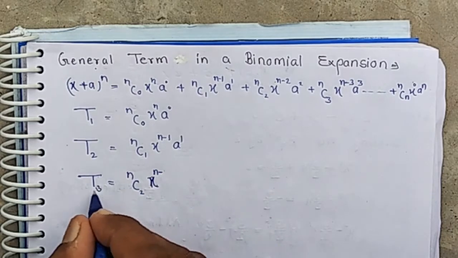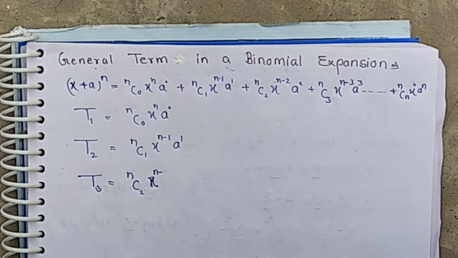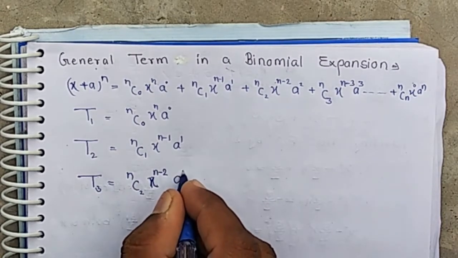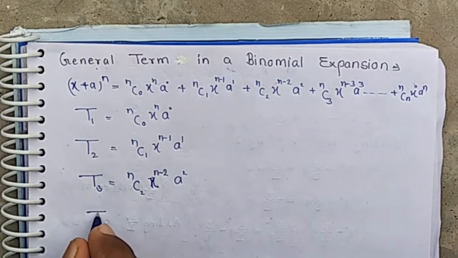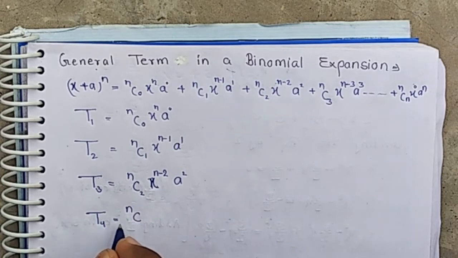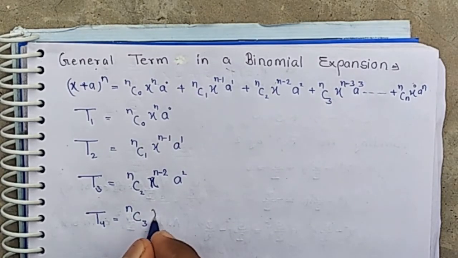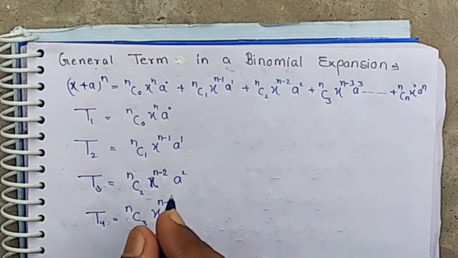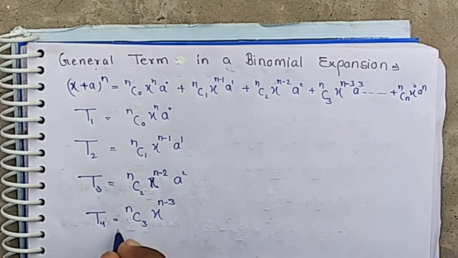T4 is nC3 x^(n-3) a^3, where the index is one less than 4.